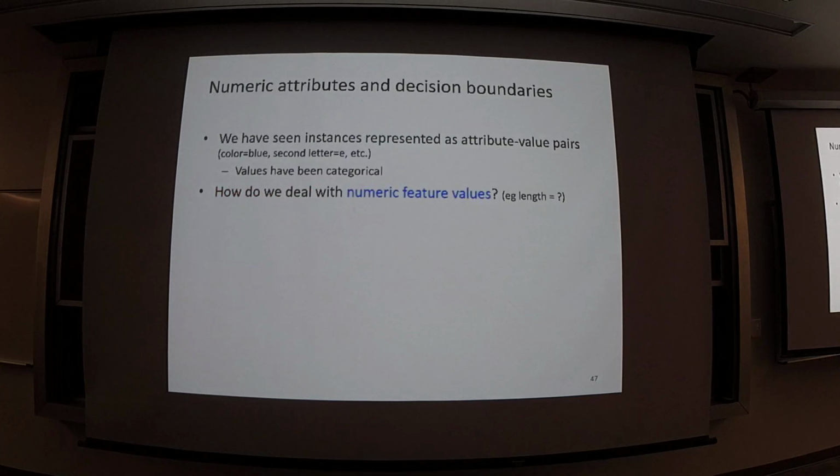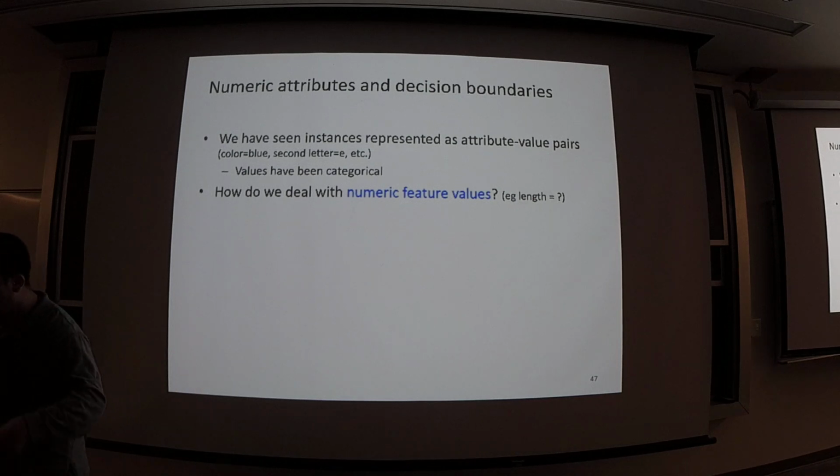Also, from our example to create decision trees, the instances are represented by attribute value pairs, right? The values for those attributes or features are all categorical. Like you have blue shapes, green shapes, red shapes.